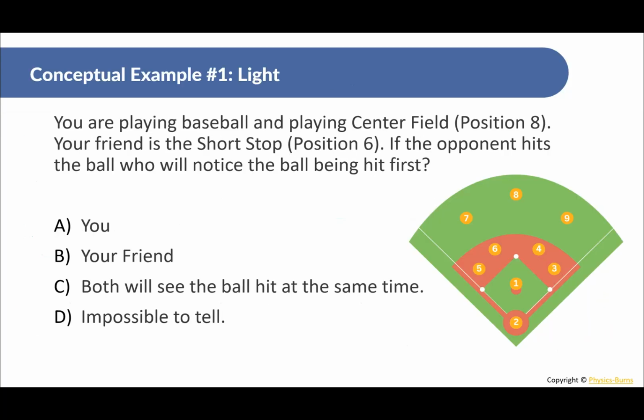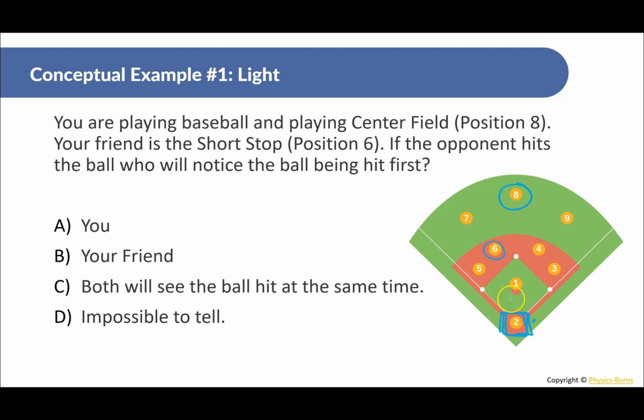All right. Moving on, let's do some problems. You are playing baseball and playing center field, position 8. Your friend is the shortstop, position 6. If the opponent hits the ball, who will notice the ball being hit first? Hopefully you know a little bit of baseball: the ball gets hit over here.